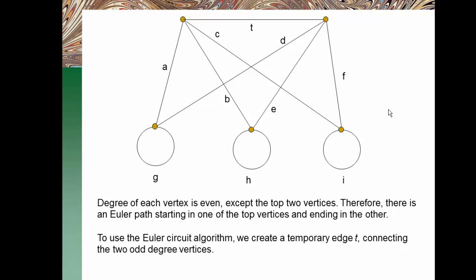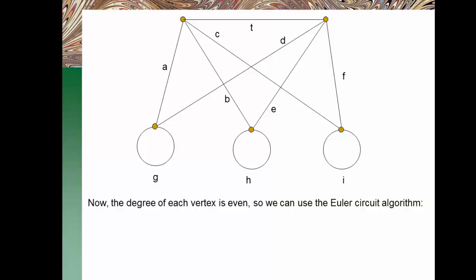Let's apply the algorithm to this new graph. Let's begin with any vertex. This one here, for example. It doesn't need to be that particular vertex. That one was previously an odd degree vertex, and we introduced the temporary edge to make it an even degree vertex. So we begin with any vertex, and from that vertex we choose an edge randomly, and we proceed to the adjacent vertex.